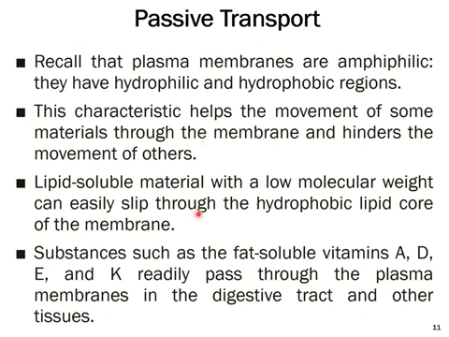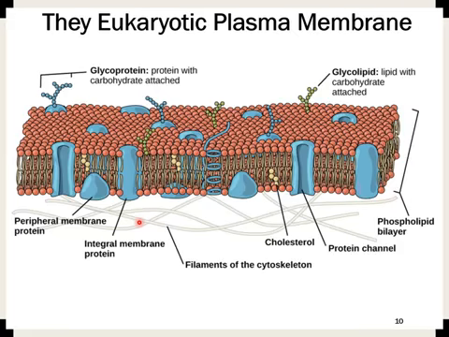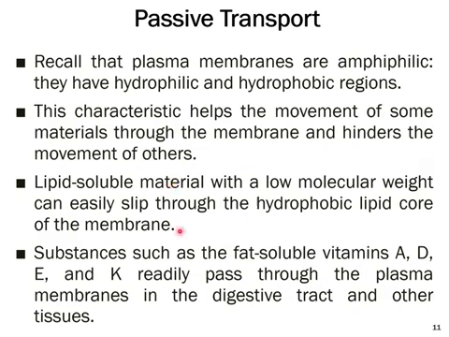Lipid-soluble materials with a low molecular weight can easily slip through the hydrophobic lipid core of the membrane. So if something has a low molecular weight and is soluble in lipids, it can easily pass through these non-polar regions of the plasma membrane.